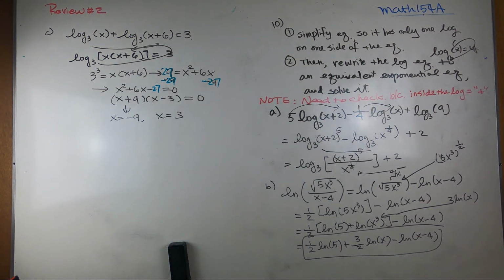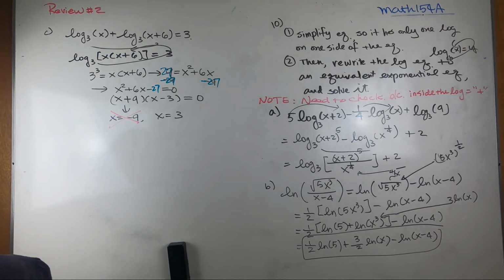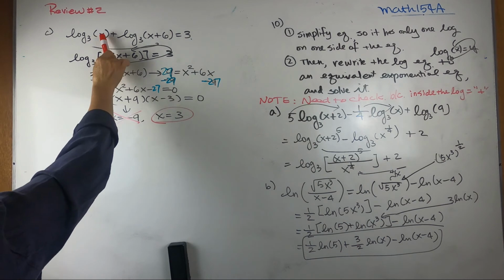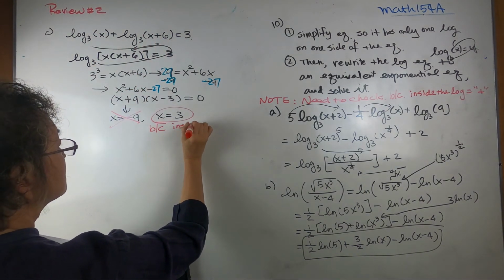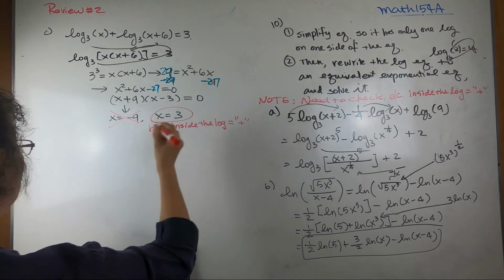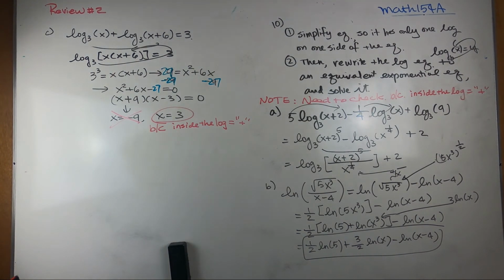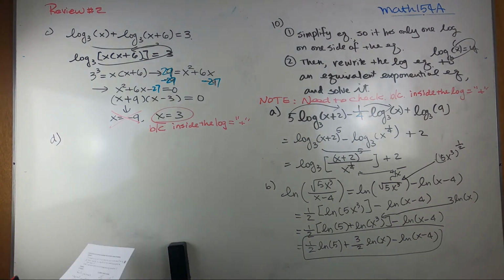Positive number, right? So can I use -9? That would be what? Extraneous, right? Then can I use 3? Yes, because the inside of the log is positive, so we are okay, right? Remember to do that. Even if I do different colors, highlighter for you, you will still forget, okay?